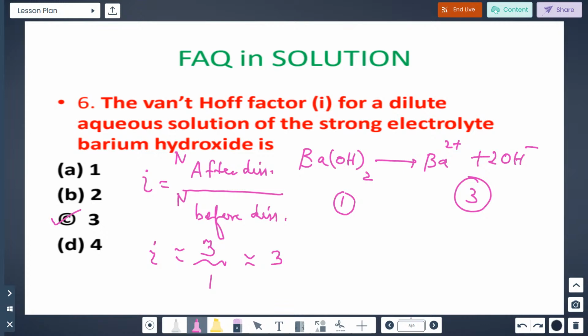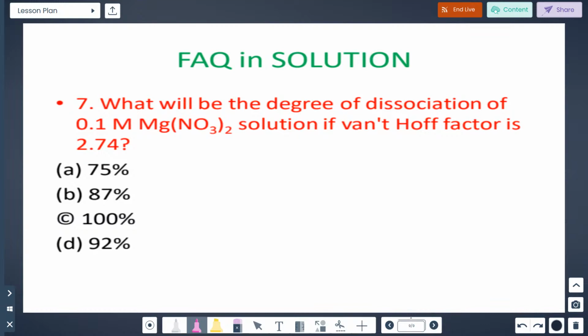Understood? Are you following? I think the first 3 sums only are somewhat big sums. Others are very easy ones. Okay. The last sum. This is also based on Van't Hoff factor. See, what will be the degree of dissociation of 0.1 m magnesium nitrate solution if Van't Hoff factor is 2.74?